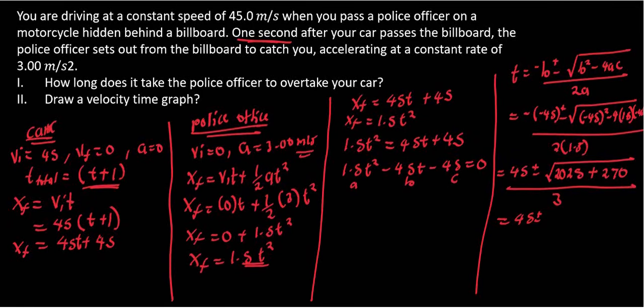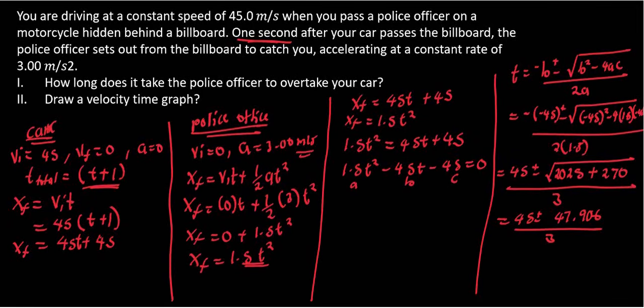The square root of 2295 gives me 47.906, over 3.